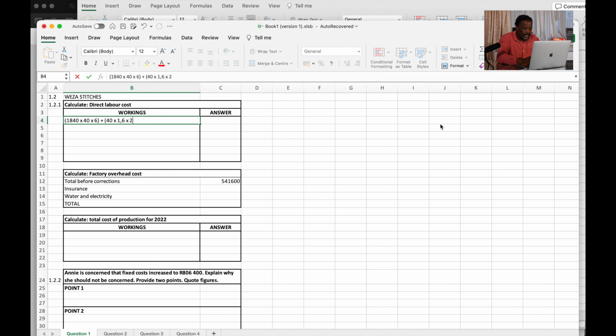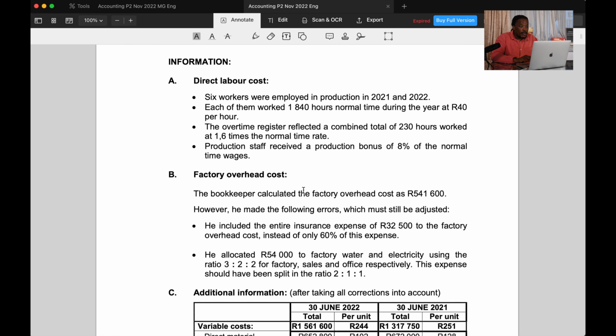And then, is there any transaction? Production staff received a production bonus of 8% of the normal time wages. What is our normal time wages? The first and second transactions will give us the figure on which the 8% bonus is calculated.